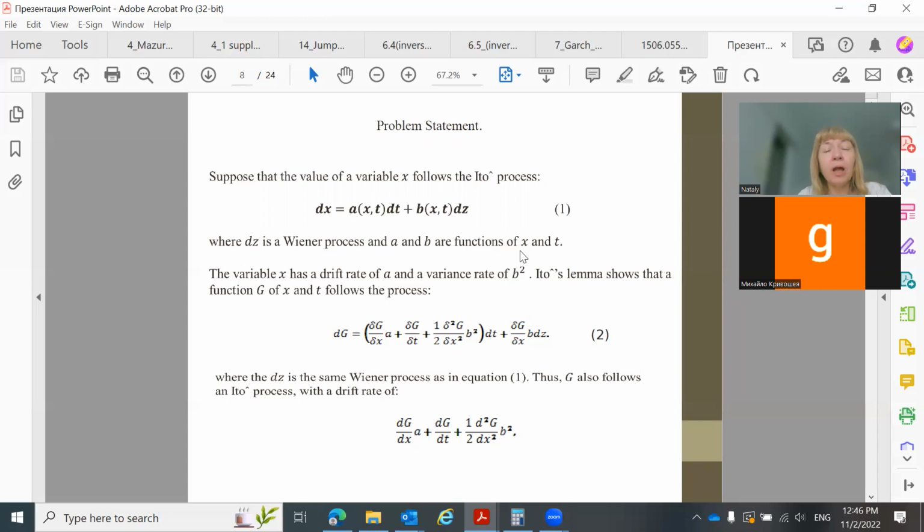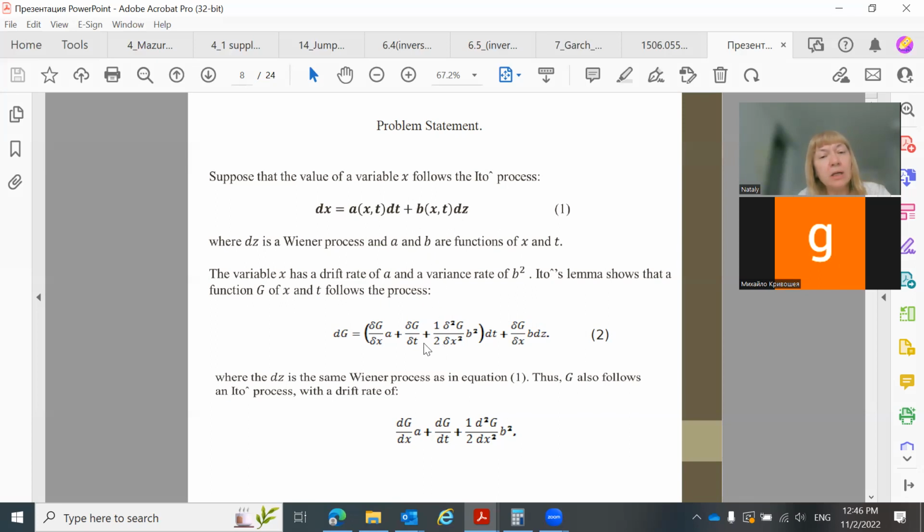And Ito's lemma states that if we have a process in the form 1, and if we have a function g, which is not a random function, then for this function the derivative is, you see, the derivative is an Ito process 2.